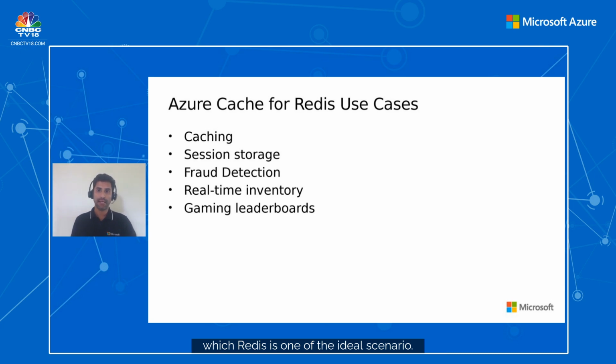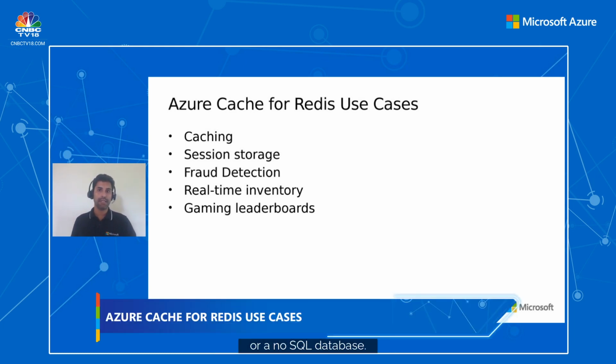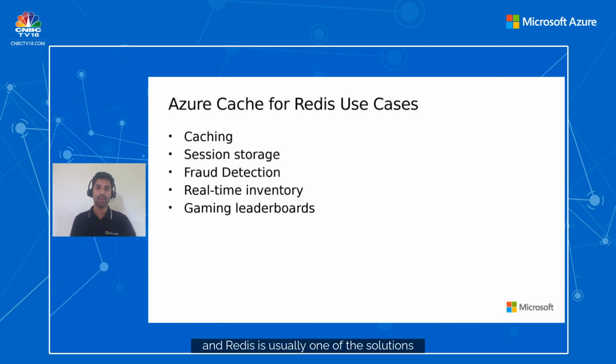ideal scenarios, right? So mostly in applications where there will be a backend database, right? Either it can be a relational database or a NoSQL database, right? There might be a lot of queries to the backend, which slows down the application. And Redis is usually one of the solutions to speed up the application in this case.